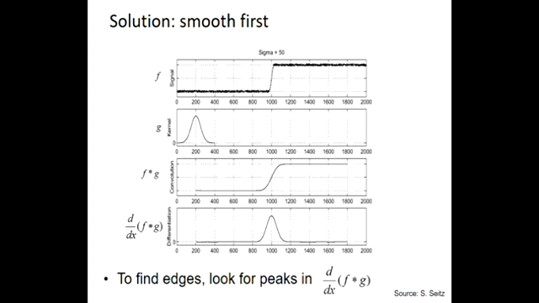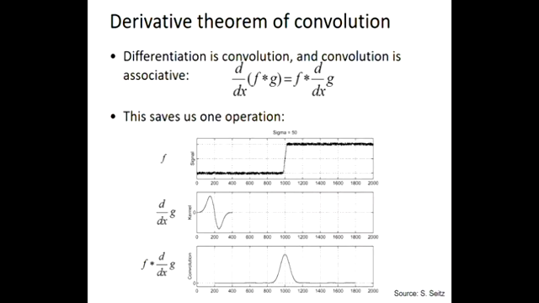So we can modify our previous version. Instead of just taking the derivative, we want to find peaks in the derivative of the smoothed image. Fortunately, differentiation can also be operationalized as a convolution, and convolution is associative.